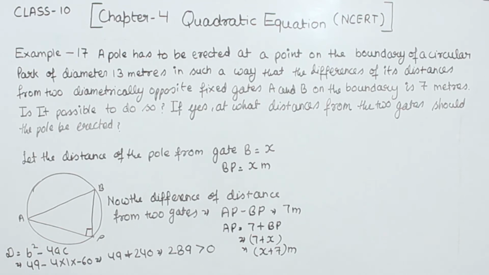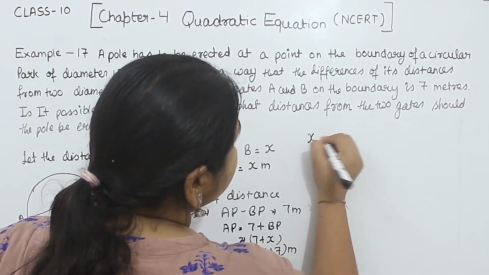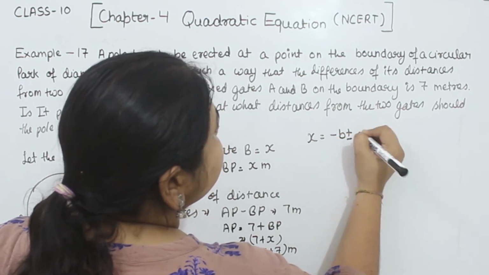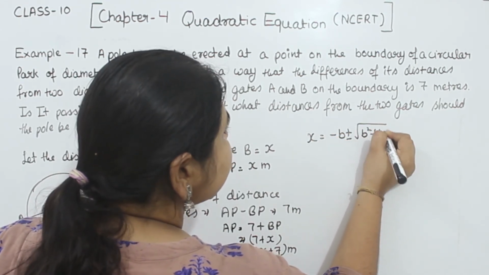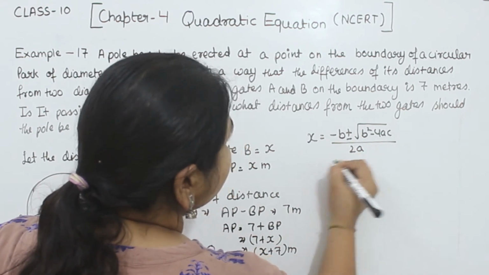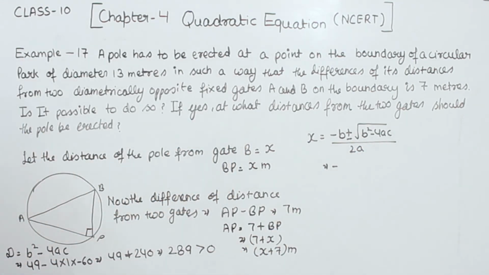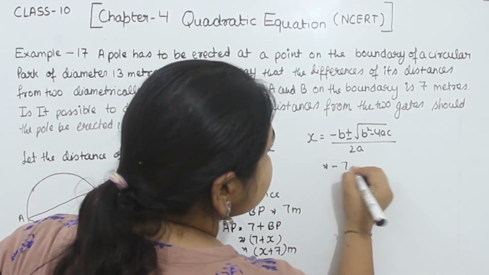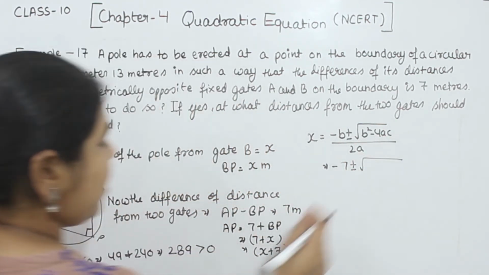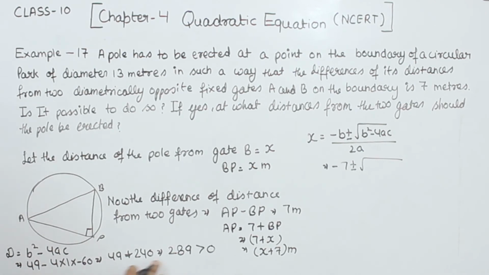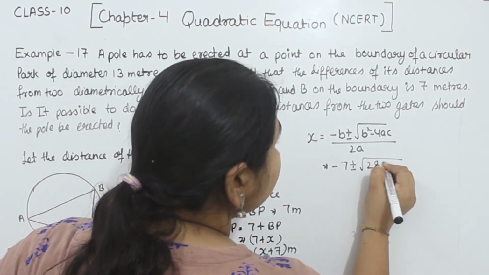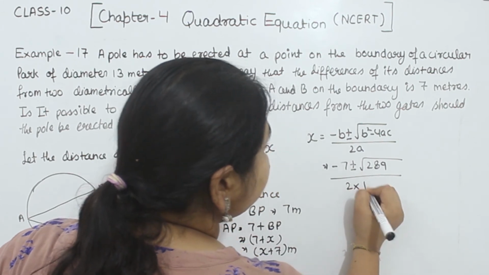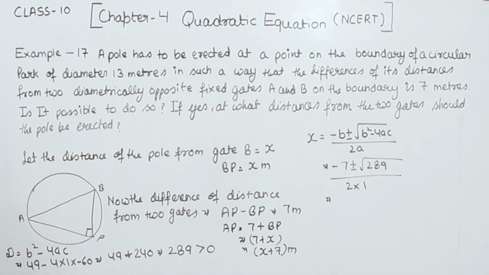We have to find the roots with the quadratic formula: x equals minus b plus or minus the square root of b square minus 4ac, divided by 2a. Here b is 7, b square minus 4ac is 289, and 2a is 2 times 1.